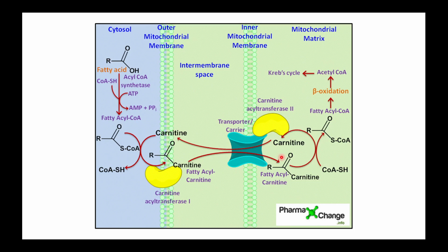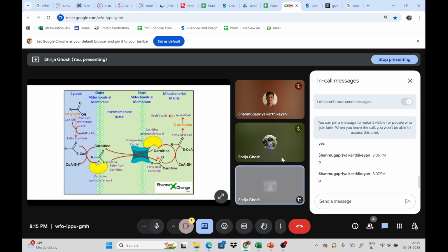That will be transported back to the outer membrane through the same transporter protein, translocase, and this carnitine can bind to a new molecule of fatty acyl coenzyme A. So all the fatty acids have to be converted to fatty acyl coenzyme A in order to reach the mitochondrial matrix. Is this clear?